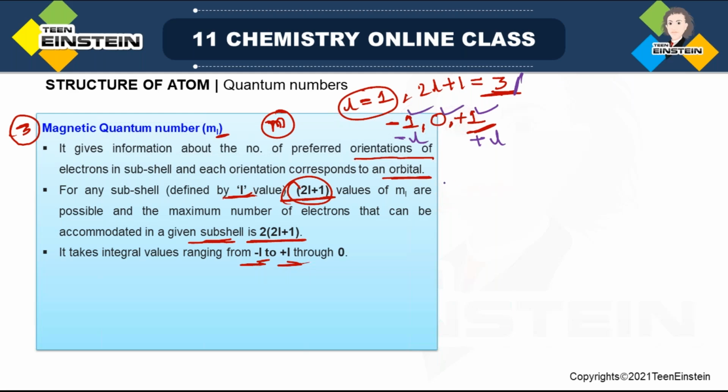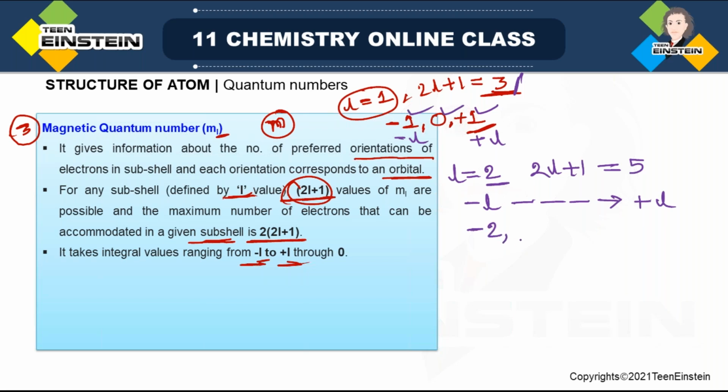So suppose it is l equal to 2, then 2l plus 1 will be 2 into 2 plus 1, that means a total of 5 possibilities. Now if it is 5 possibilities, we will try to see the range from minus l up to plus l. So start from minus 2, because minus l, that means minus 2, should be the first possibility.